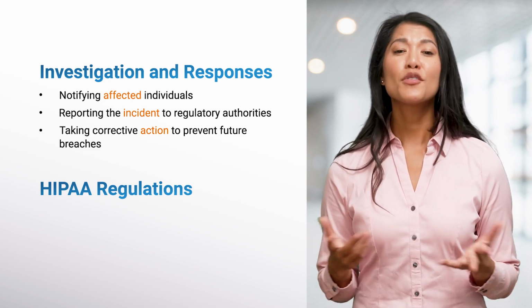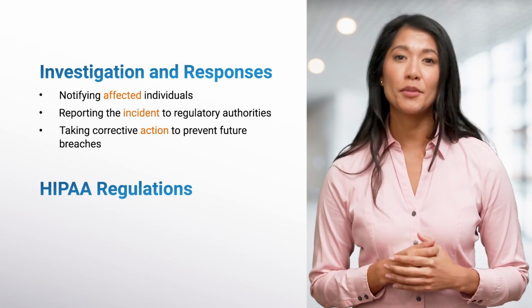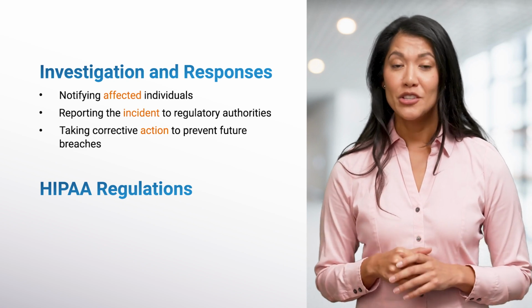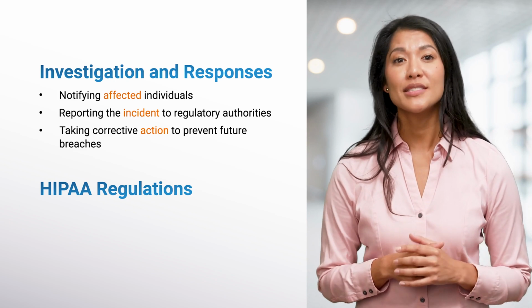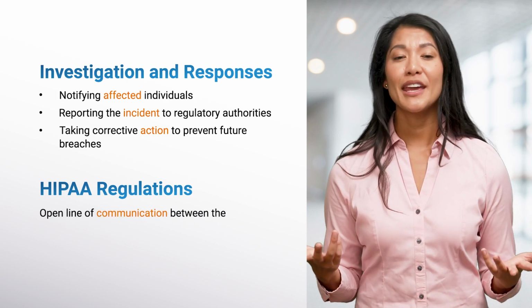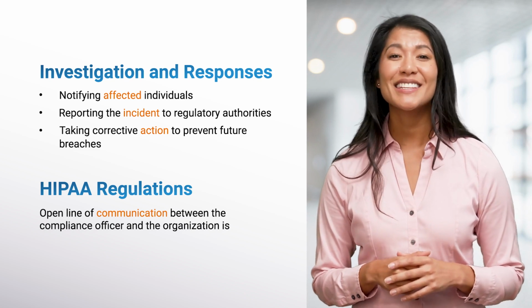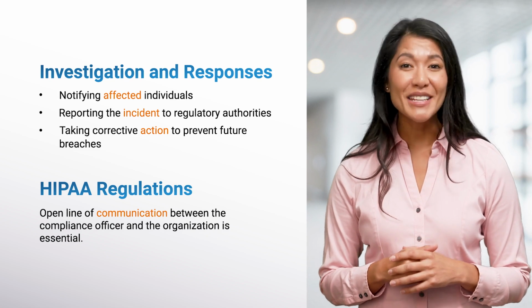organization. To cover the full scope of HIPAA regulations, effective training must be implemented on an ongoing basis, at least annually. New hires must also be trained properly as part of the onboarding process. An open line of communication between the compliance officer and the organization is essential to ensure everyone understands their role in protecting PHI.